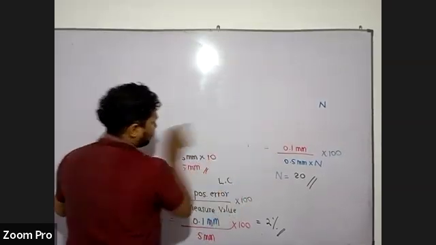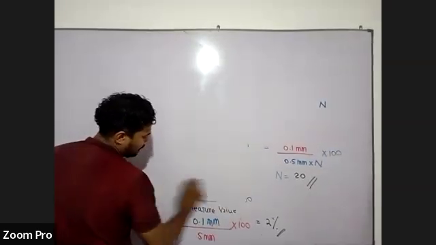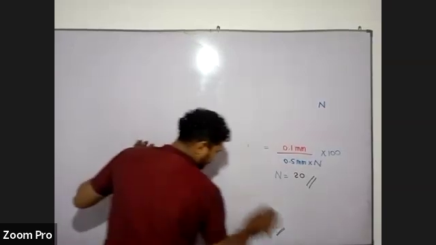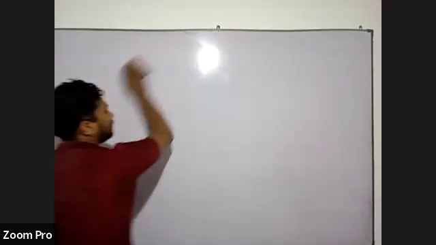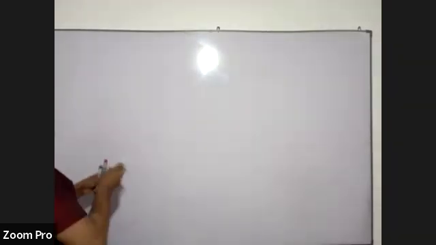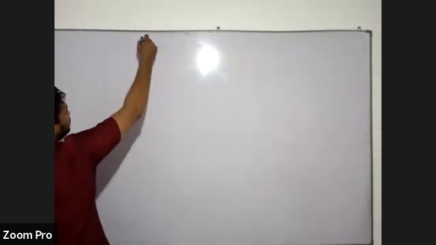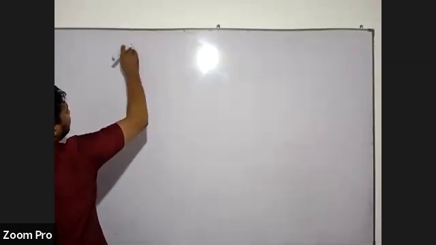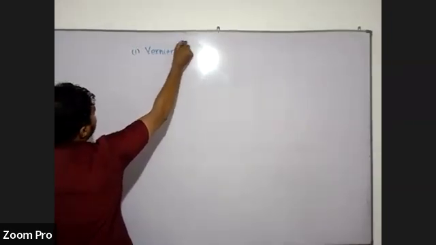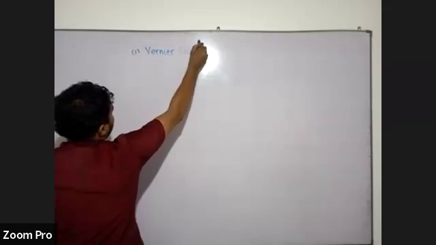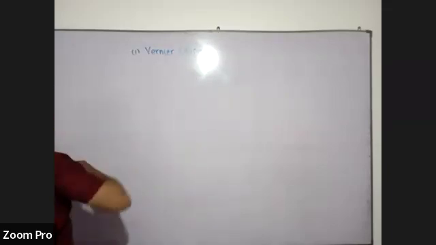This is one of the important topics in this first lesson, right? Now under this lesson, we have discussed 4 measuring instruments. First one is vernier caliper.